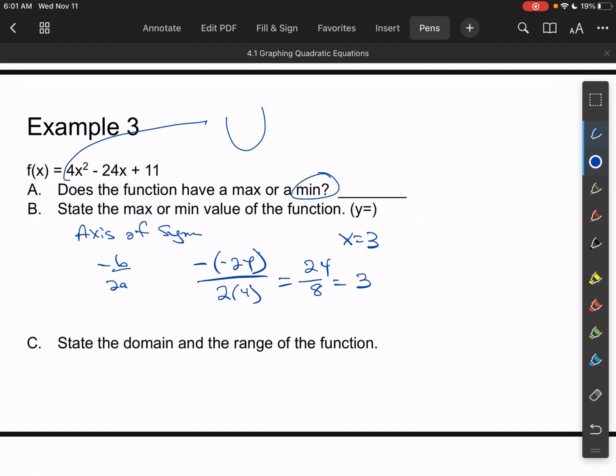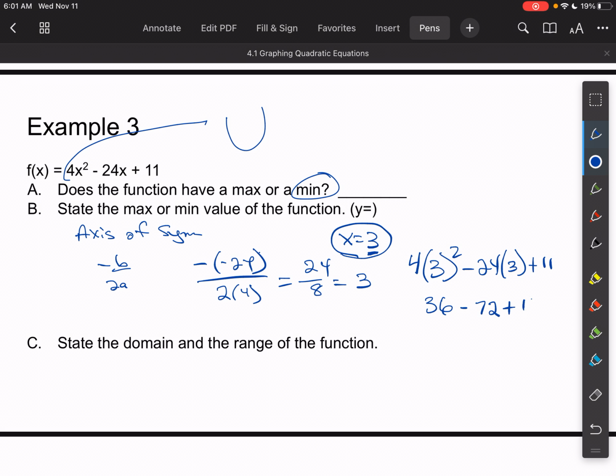I'm now going to take that and plug it back in to find out where I am on the y here. So 4 times 3 squared minus 24 times 3 plus 11. 3 squared is 9, 9 times 4 is 36. 36 minus 3 times 24 is, I believe, 72.